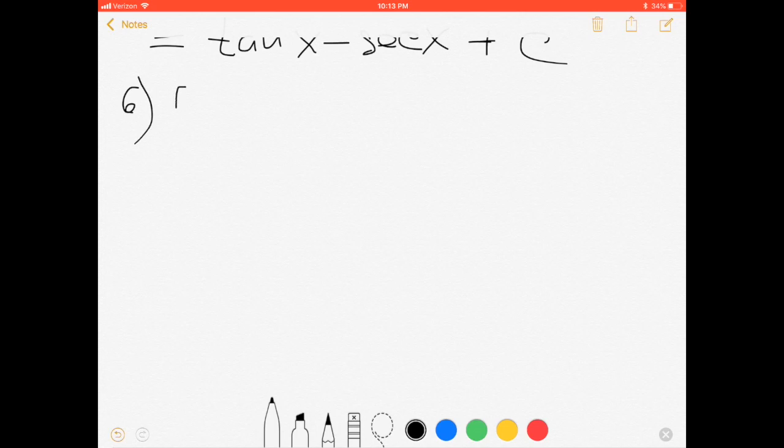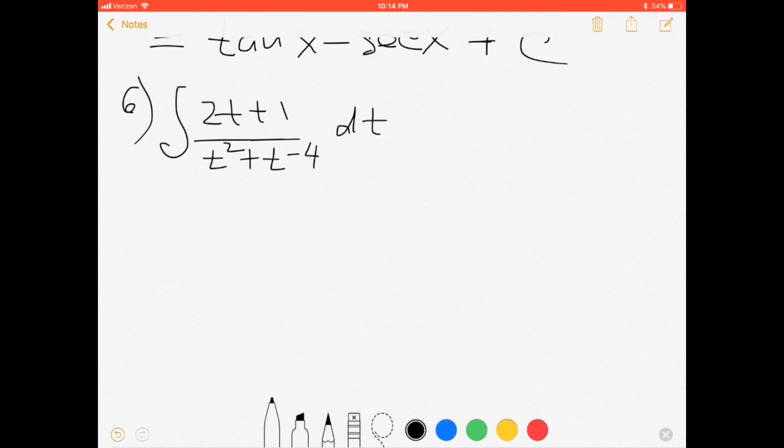What do we have here? 2t plus 1 over t squared plus t minus 4 dt. If you're looking at this integral and trying to do something, first look at your denominator and try to find the derivative of this denominator.